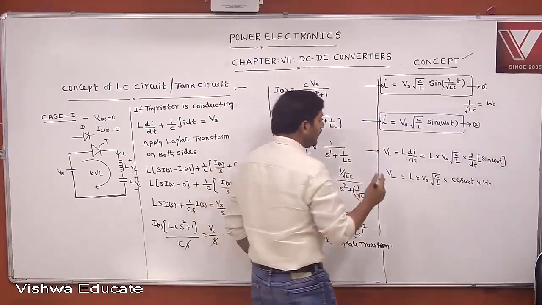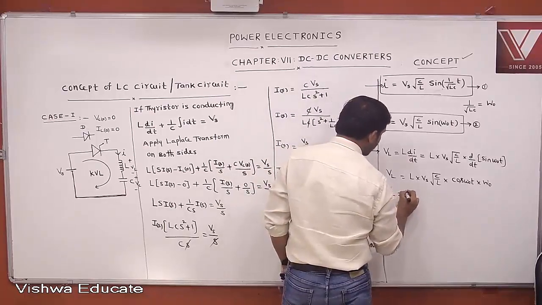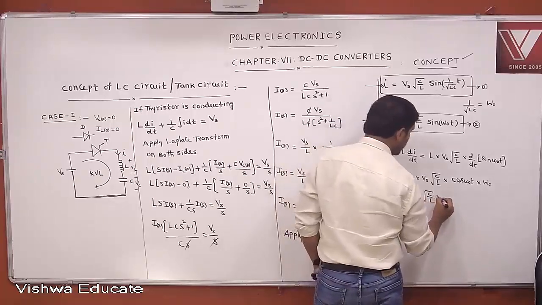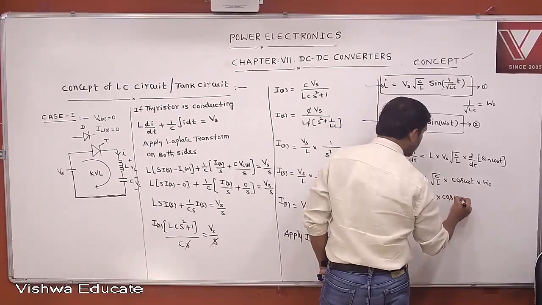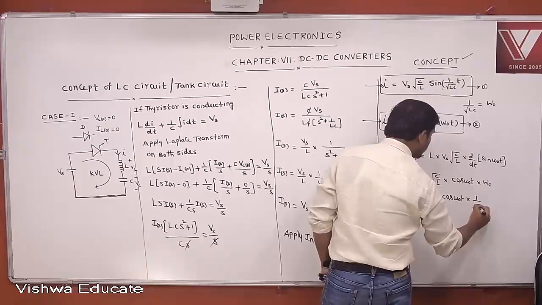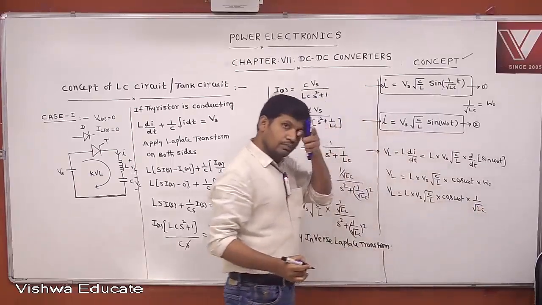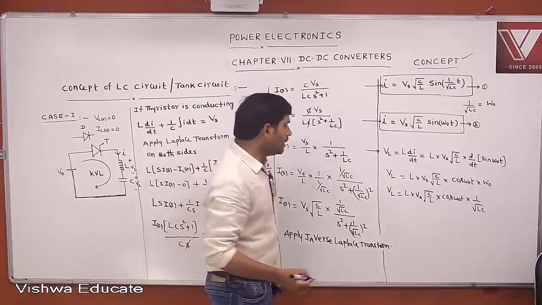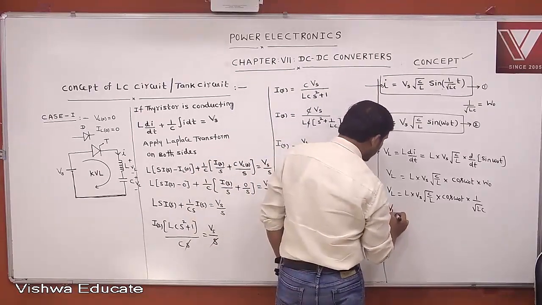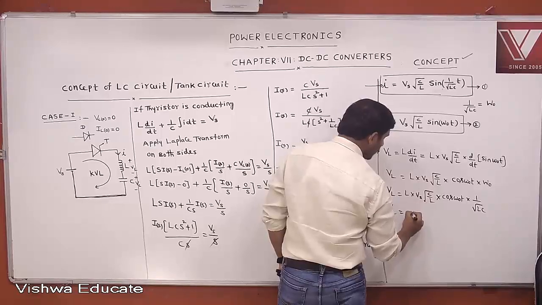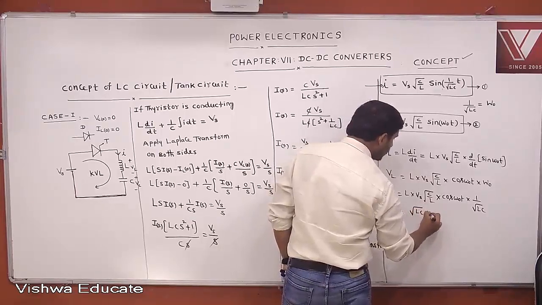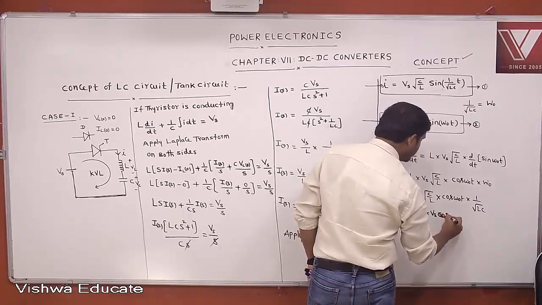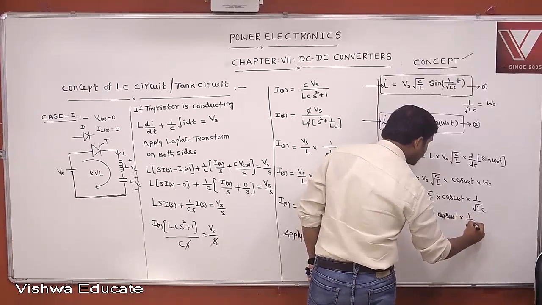Yes. Then what is VL? We get L into Vs into square root of C by L into cos omega naught t. How to write omega naught? Omega naught is written as 1 by root LC. Simplify this: VL equal to root LC into Vs cos omega naught t into 1 by root LC.